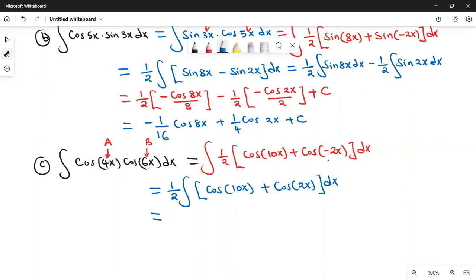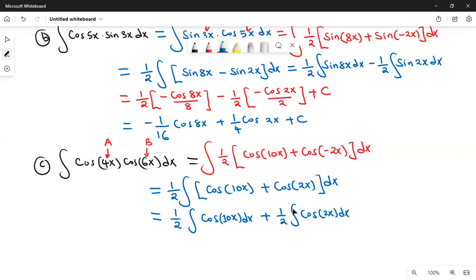Or this can be written as 1 over 2 times the integral of cosine of 10x dx, plus 1 over 2 the integral of cosine of 2x dx.